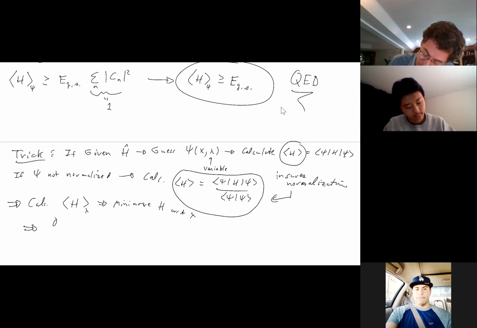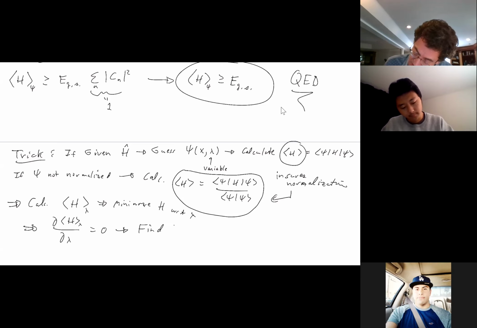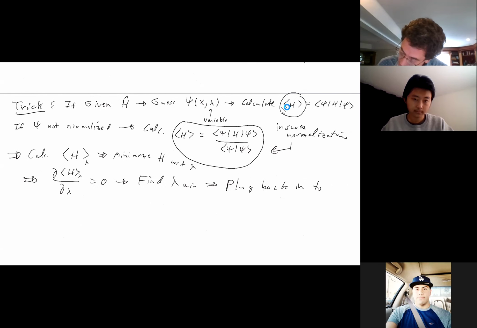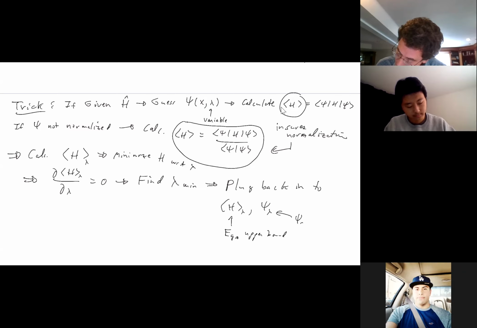So you can say, dH of lambda d lambda equals 0, and then you can find lambda minimum, then plug it back into H of lambda and psi of lambda, and this becomes your ground state upper bound, and this becomes your ground state wave function. You see that? That's the trick. I just said it. That's the whole trick, what I just said.